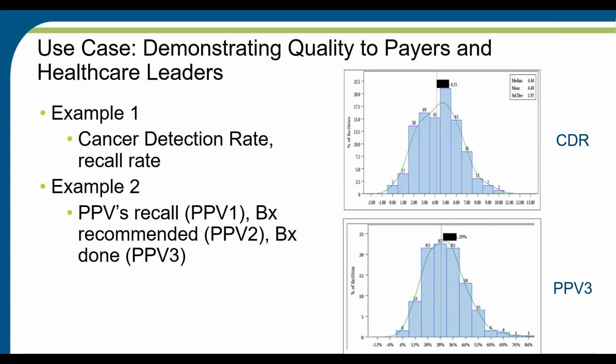If you're within the group, you're probably safe, but optimally, for instance, PPV3 is around 31%. So that's a third, basically, of your cancers on a biopsy done. Cancer detection rate averages about 4.1, so 4 cancers out of 1,000 screens. So these are critical for understanding where you are as a physician and or a facility compared to your peers.